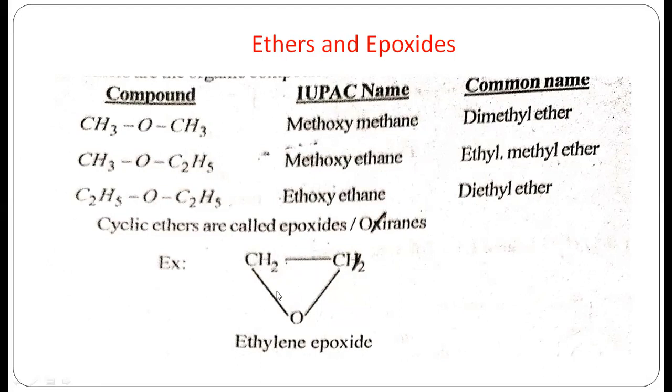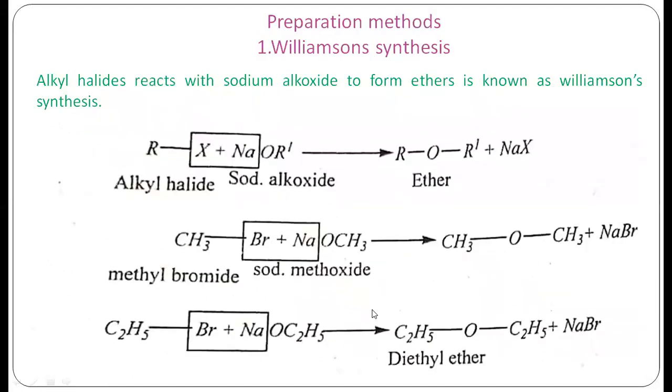When this oxygen is connected with the two alkyl groups in the ring form, that compound is called an epoxide. This cyclic linkage is called the epoxide.